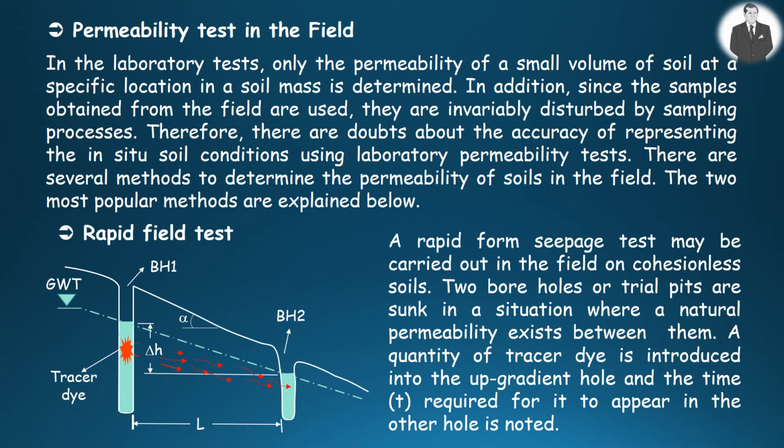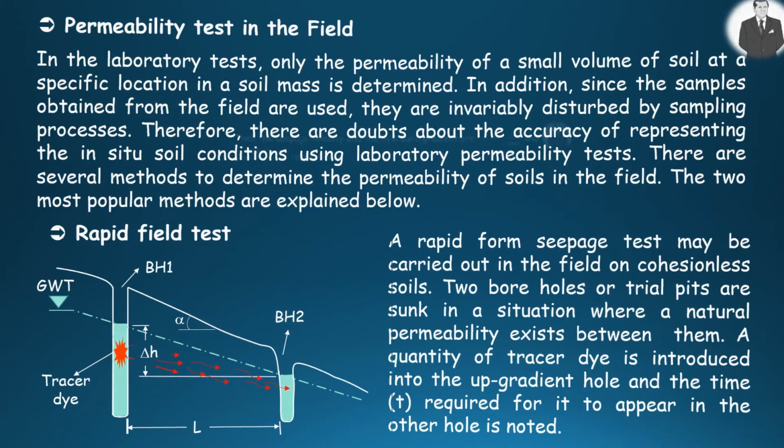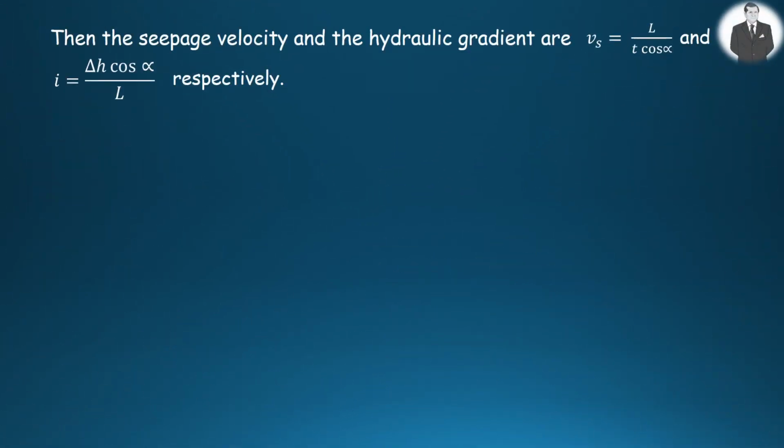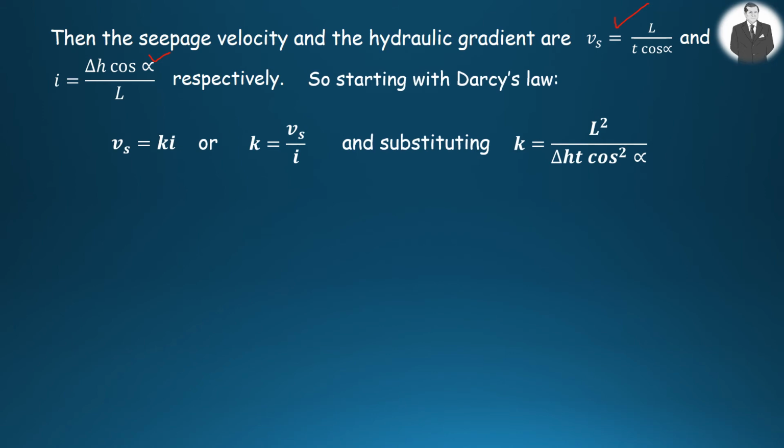A quantity of dye, as shown in the figure, is introduced into the up gradient hole, and the time required for it to come out in the other hole is recorded. Then the seepage velocity and the hydraulic gradient will be in the form given here. Remembering Darcy's law and substituting, we get the equation as shown here.